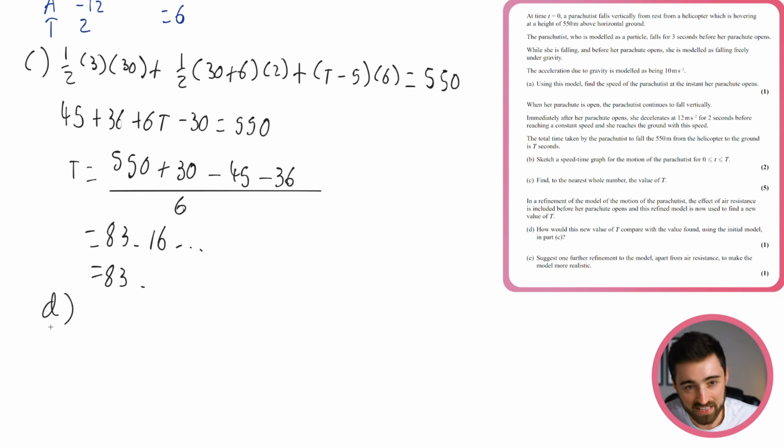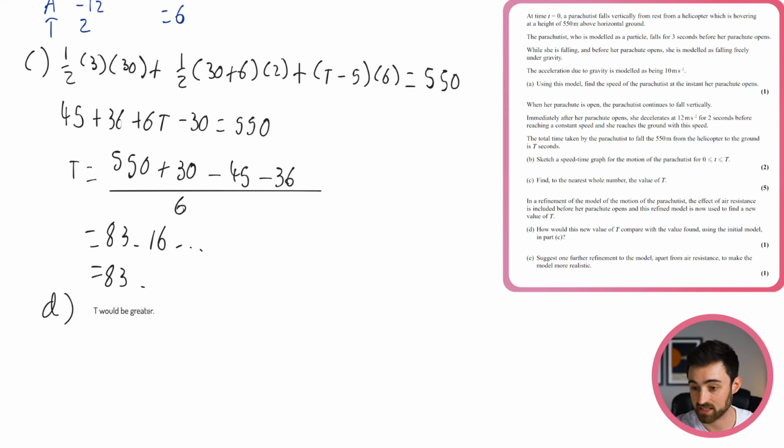So if there is air resistance, is it going to take her longer, or is she going to be quicker? Well, it's going to take longer, isn't it? Because the air is slowing her down, right? If she's falling down, the air is at least slowing her down slightly, because it's a resistive force that opposes the motion. So it's obviously going to take her longer. So the value of t is going to be greater.